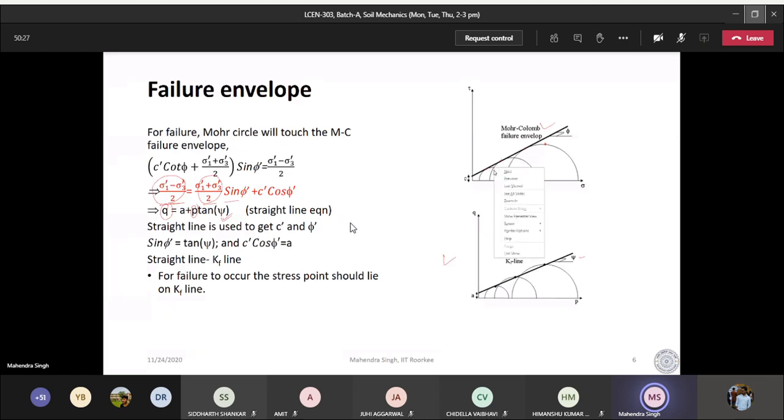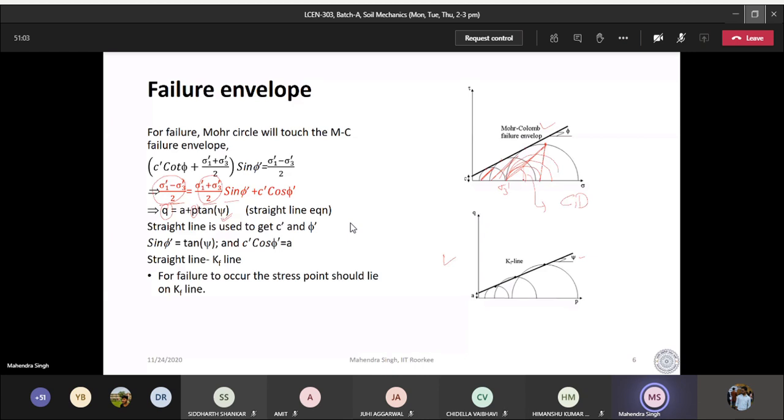Please note that we are now plotting the final stress path. You see, the stress path for the third test was something like this. So this is the stress path for the third circle, and this is the stress path for the second circle. This is the path for the first circle. And can you get this angle? If it is a CD test, consolidated drained test, it means sigma 3 dash always remains constant and sigma 1 dash keeps on increasing, then mathematically it is very simple.